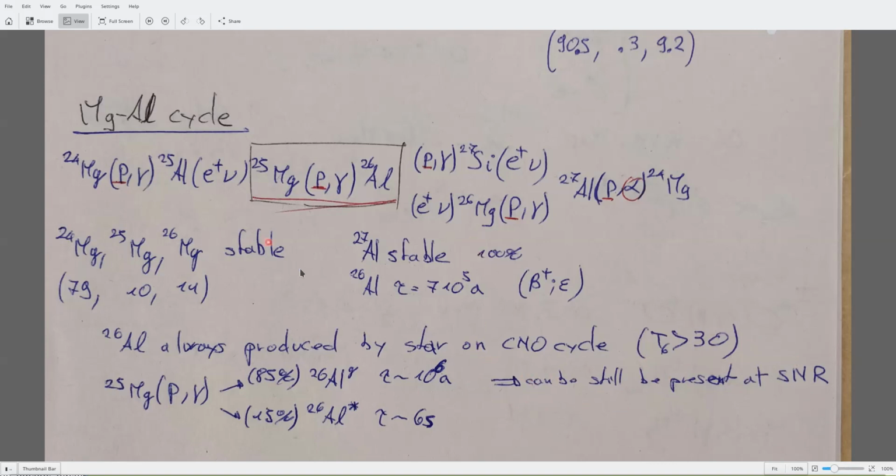This is why we also check magnesium-aluminum, to see how this ratio is changing, because it's an indicator of the evolution in chemistry of the star due to the second generation.